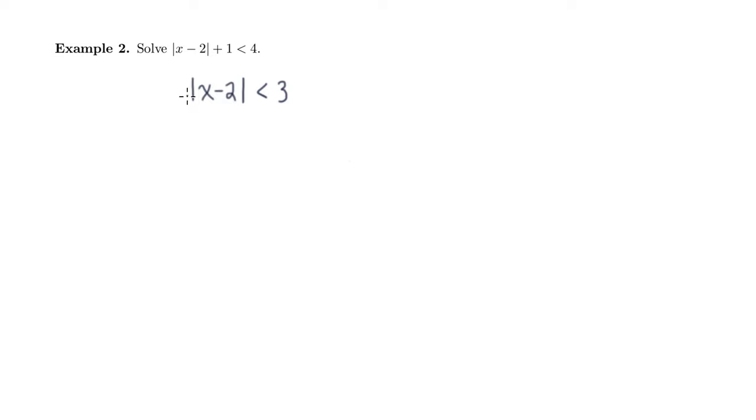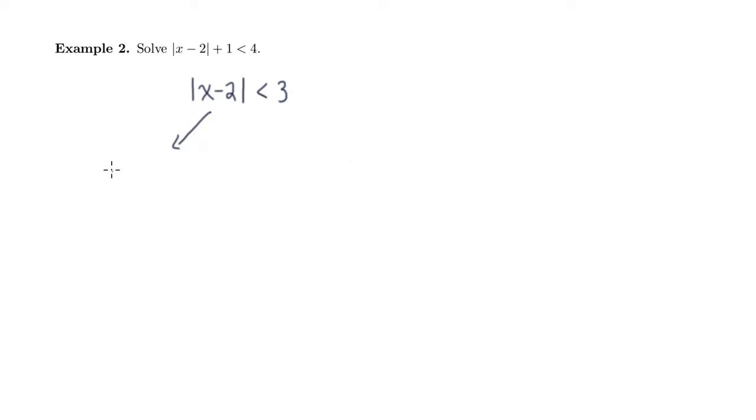And that's when x minus 2 gets so small that it's actually less than negative 3. Because if x minus 2 is, say, negative 4, when I take the absolute value, that's not going to be less than 3. So I really have two things that must be true for this inequality to hold.